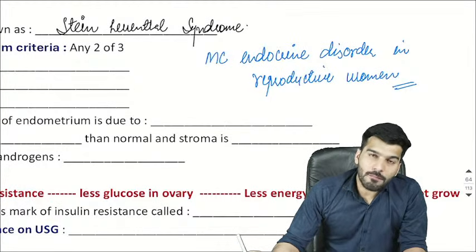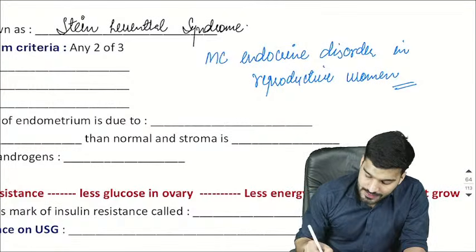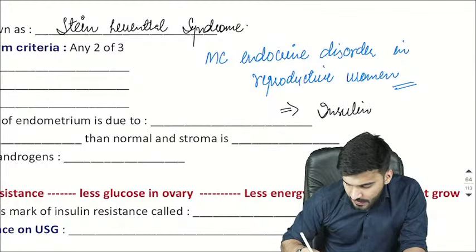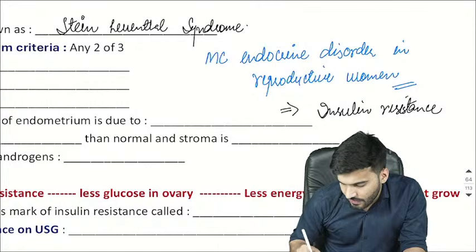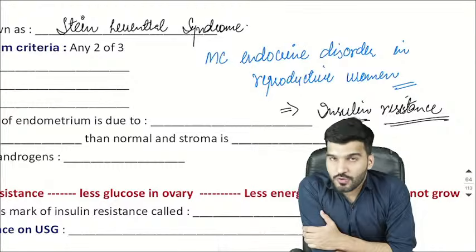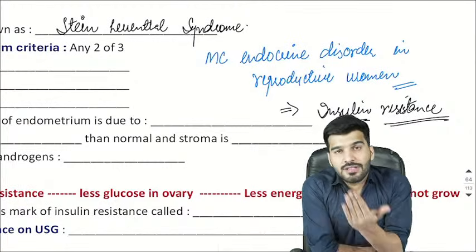Now the main reason for this PMOS is simply insulin resistance. Due to this insulin resistance, what exactly will happen? The follicles will not grow. There will be abnormal folliculogenesis and androgen levels will be high.